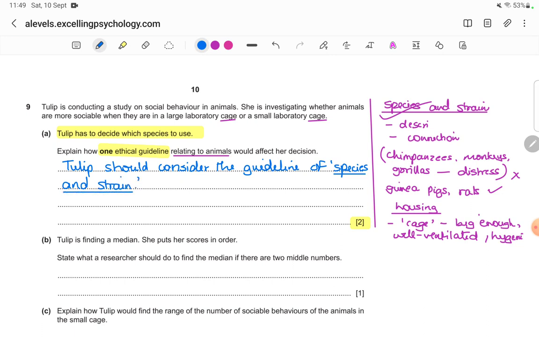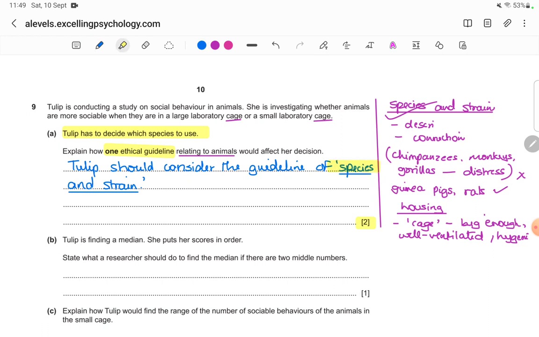As I had told you, please name the guideline. That is very important. So you can see I have named it. Now exactly what she should consider is what we have to elaborate on.